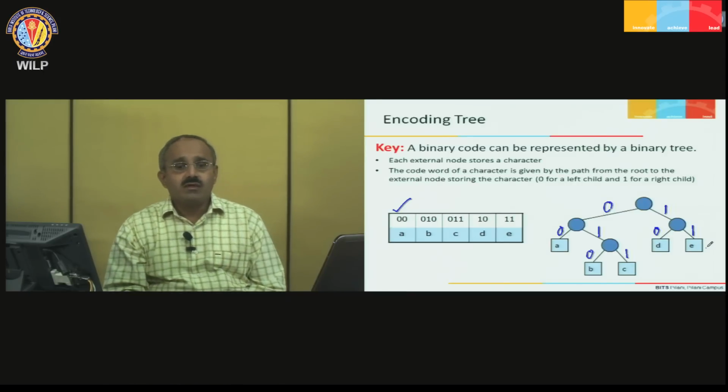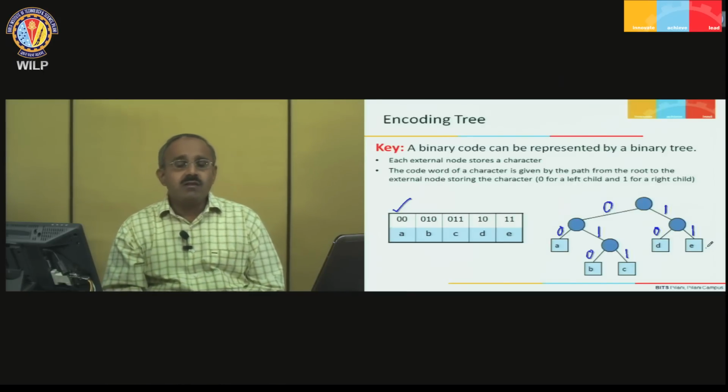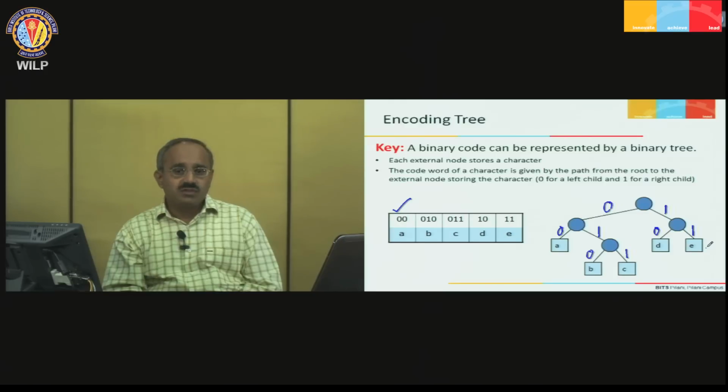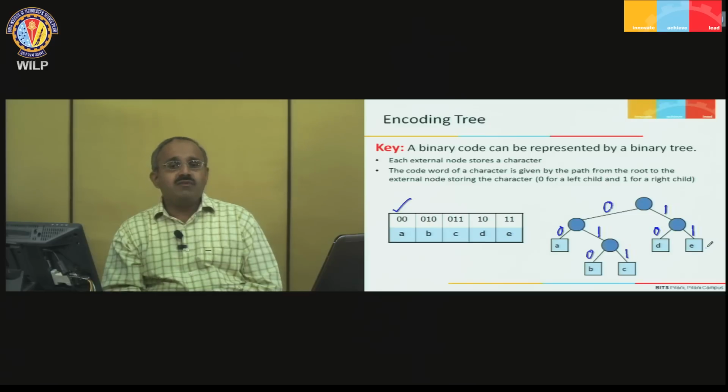So, a binary code can be represented by a binary tree. This observation is going to be crucial in constructing binary codes which are also prefix codes. The binary tree which represents a binary code will have all the characters stored at the leaf nodes.